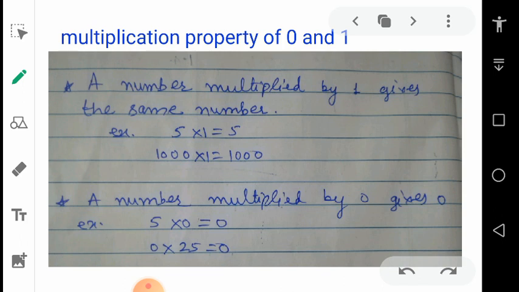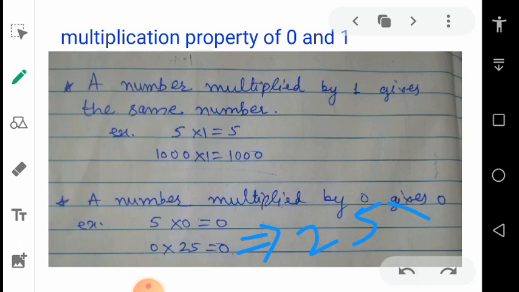So the first statement can be written as 0 multiplied by 5. So 5 multiplied by 0 equals 0 multiplied by 5 and the value is 0. Similarly, 0 multiplied by 25 equals 25 multiplied by 0. So we can write this statement as 25 into 0 and the answer will be 0.